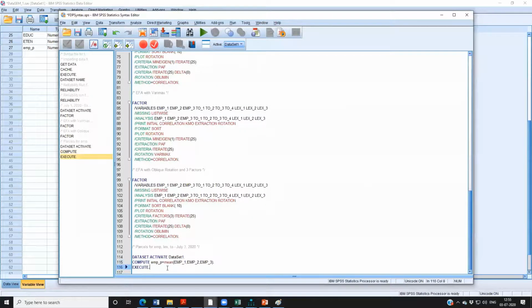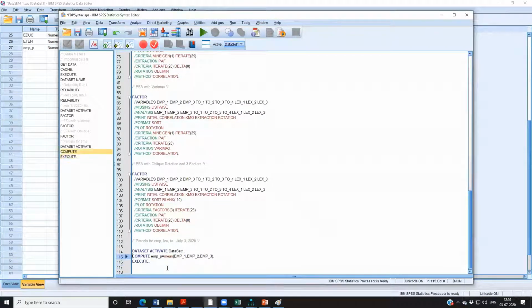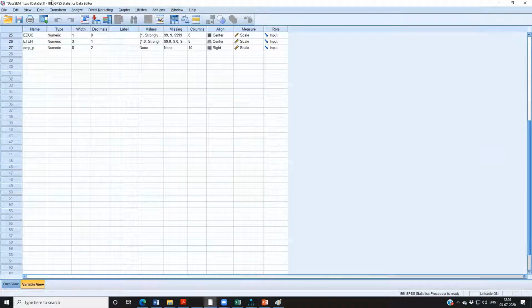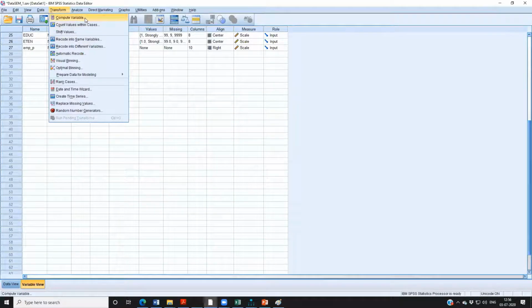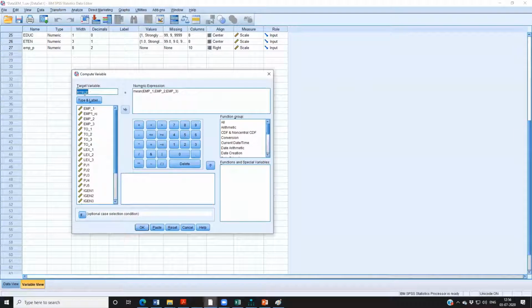Now I will do the same thing for LEX parcel. What are the 3 items?